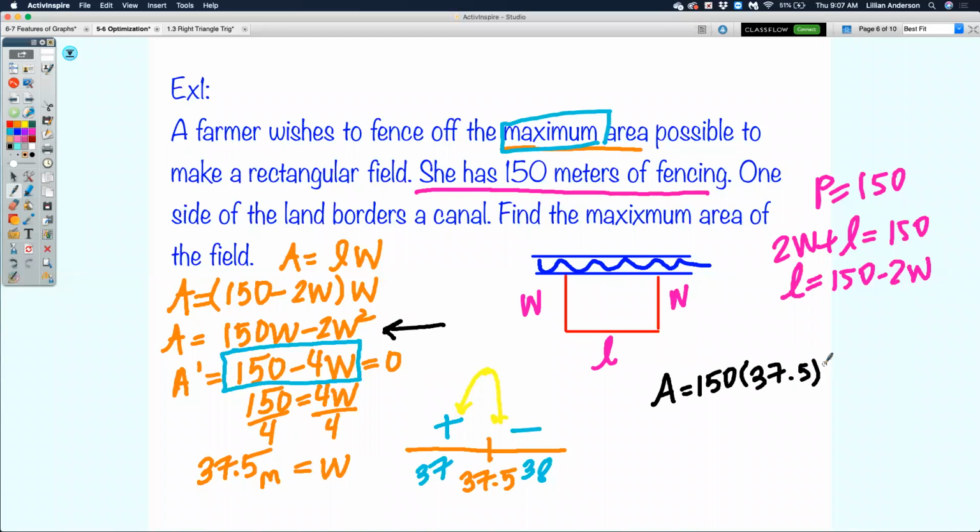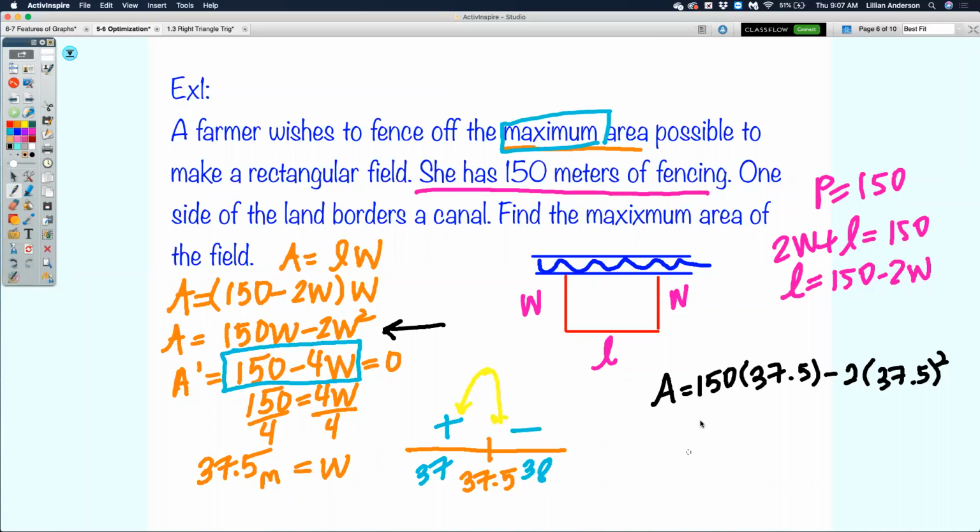So we're going to do 150 times 37.5 minus 2 times 37.5 squared. We're going to type that in, and we're going to find our maximum area. So go ahead and do that. Tell me what you get.